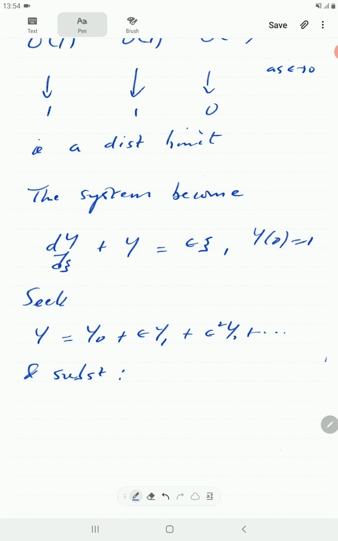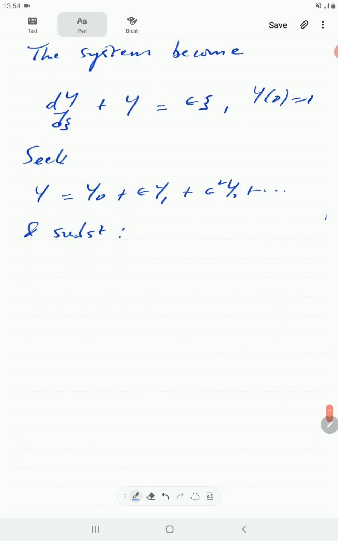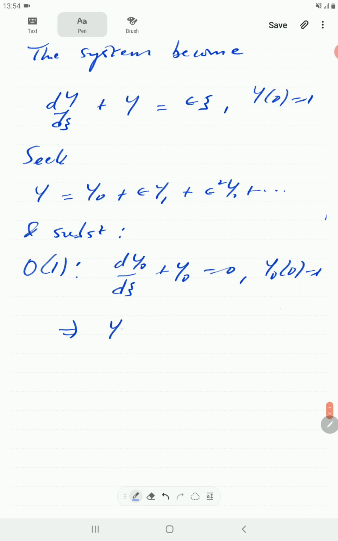So when we do that at order 1, we are going to get dy0/dxi plus y0 equal to 0 with that condition. Solving this is going to give us y0 is e to the minus xi.